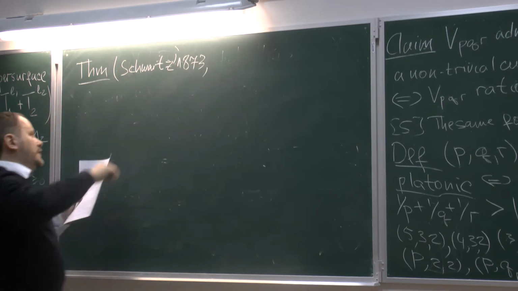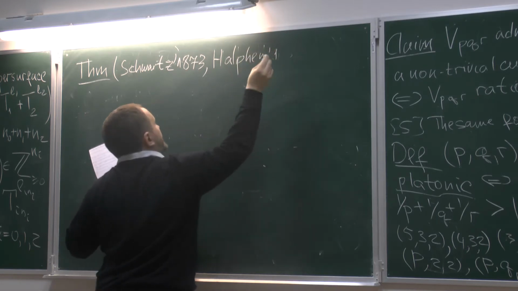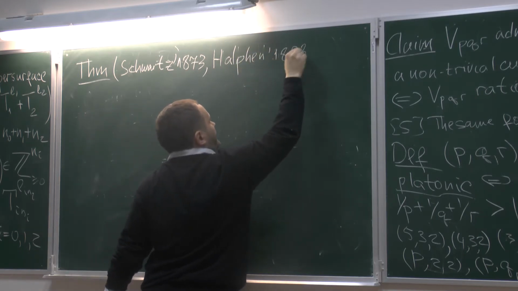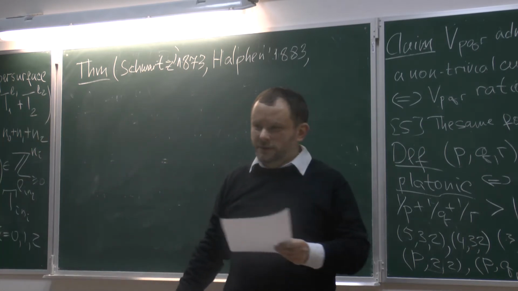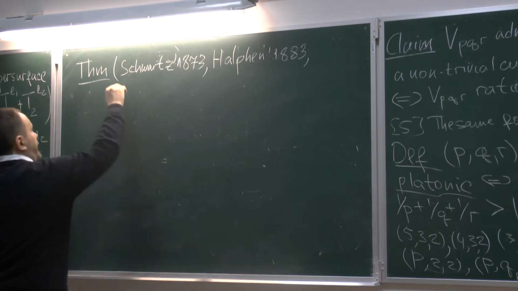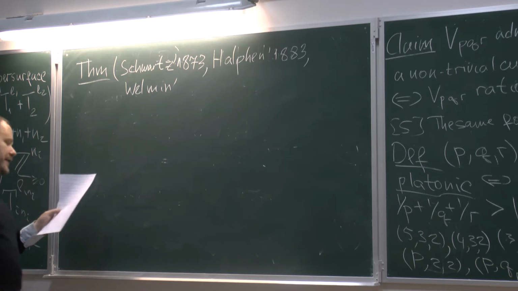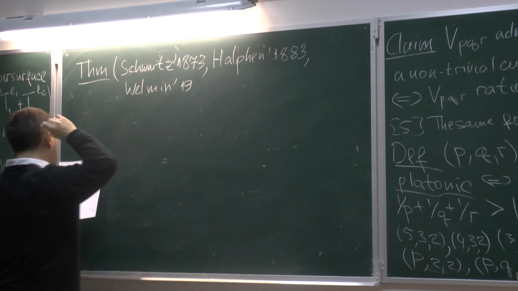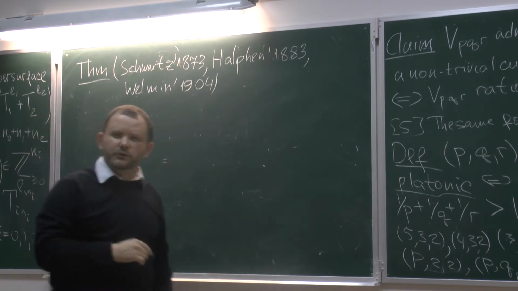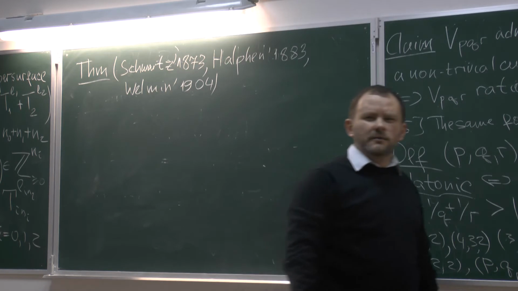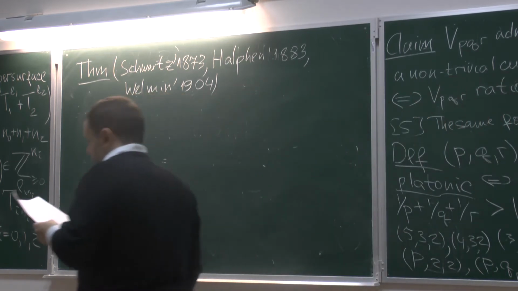Then the other direction was done by Hölder 10 years later. So a German and a French mathematician. And finally, the Russian mathematician Vilmin independently reproved it some years later, so this is 1904. And I was very happy and proud to find this paper in our Math Sbornik, which is the oldest Russian journal. And the statement is the following.